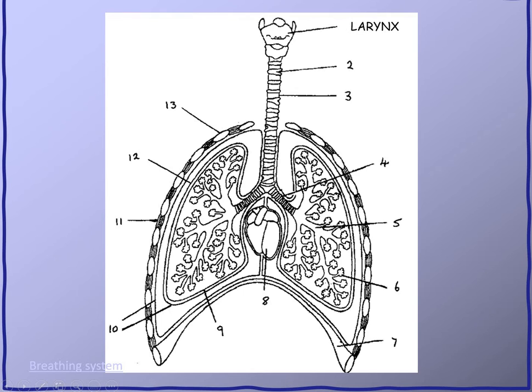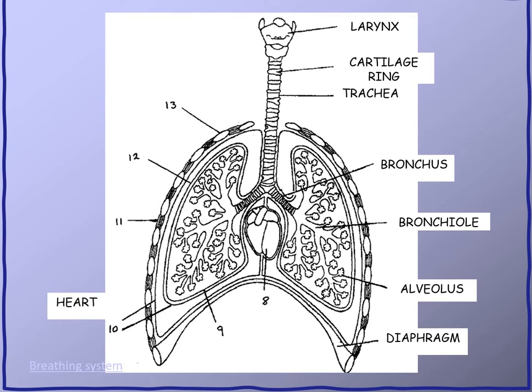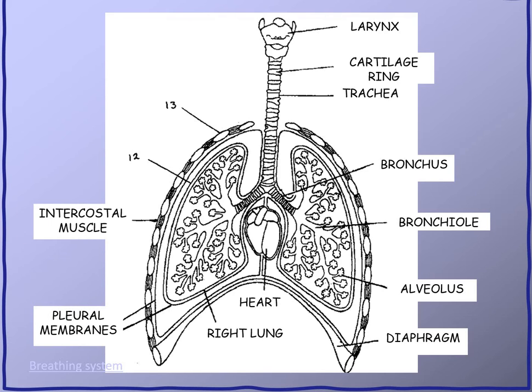So: larynx, cartilage rings, trachea, bronchus (or bronchi for plural), bronchiole, alveolus, diaphragm, heart, the right lung, pleural membranes, intercostal muscle, pleural fluid, and rib.